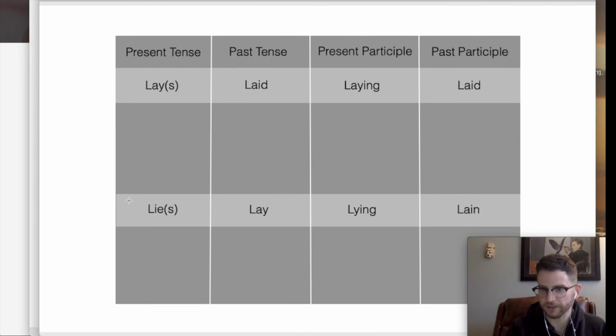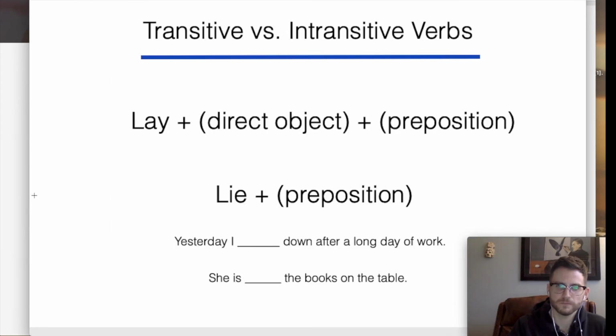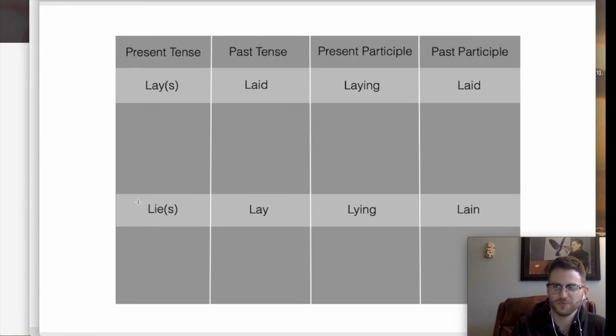They lie down on the floor. Let's do the conjugation for the past tense. So present tense, he, she, singular, lies down. They lie down in the present.